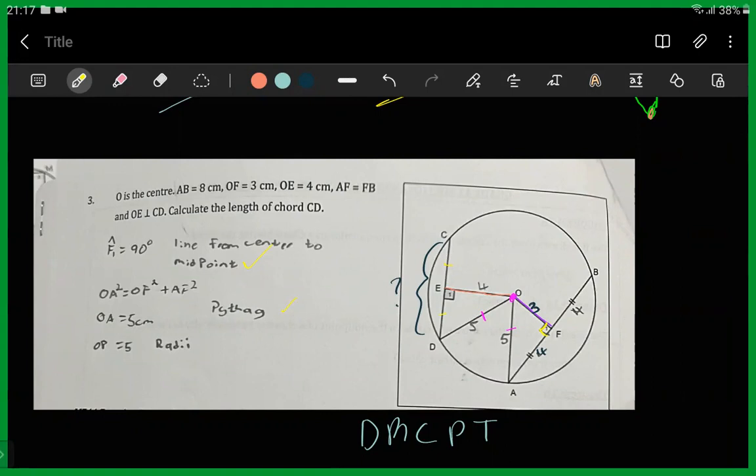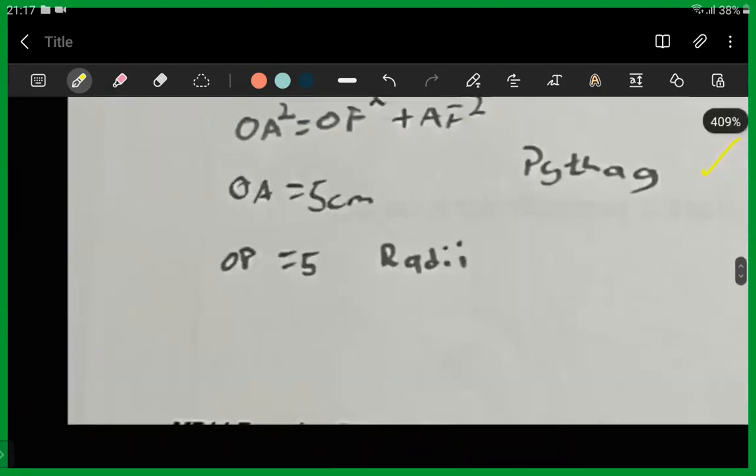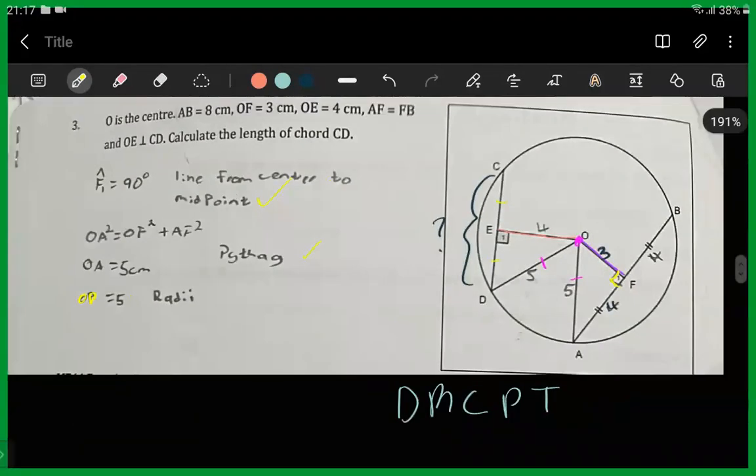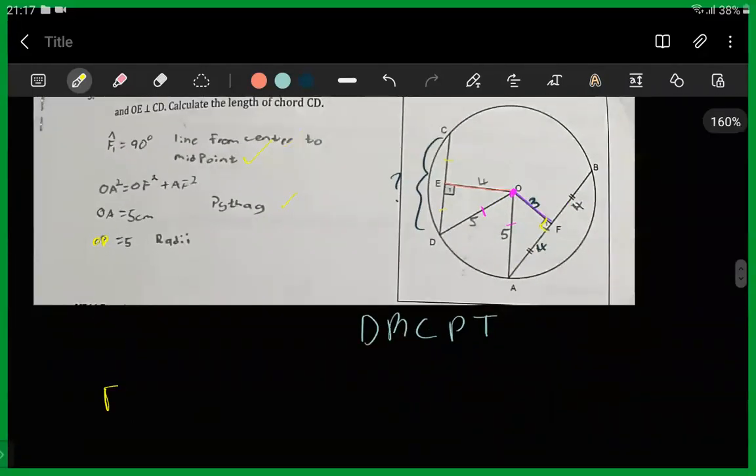Perfect. You see, because once you have the 5, then you could say that OD is also equal to 5. OD here is also equal to 5. The moment OD is also equal to 5, you can easily then work out ED and then double it afterwards. You see, ED squared. No, that's not the hypotenuse. The hypotenuse is OD.